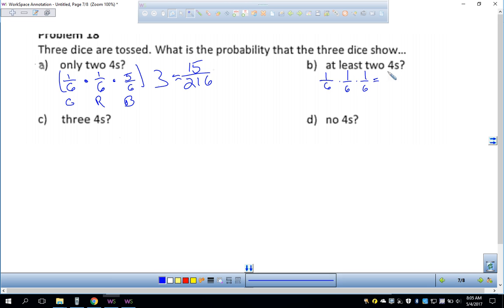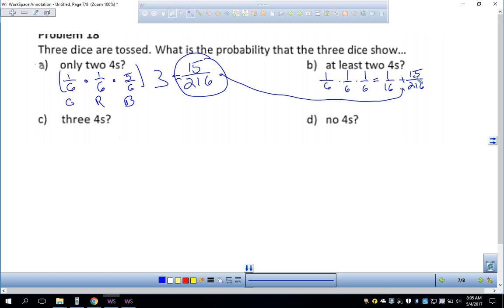But then at least 2 4s means I could also get just 2. So then I have to add this in, right? Do you get that? I could get either 2 4s or I could get 3 4s, right?